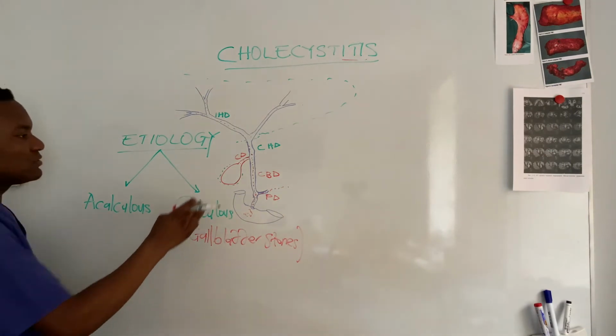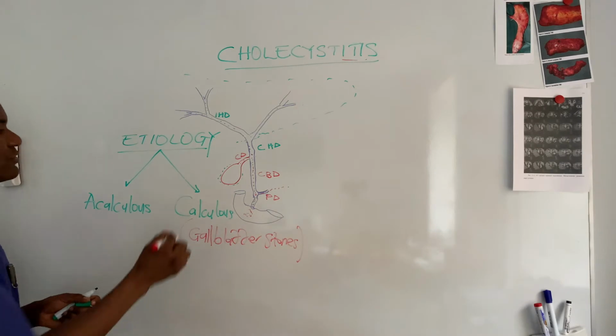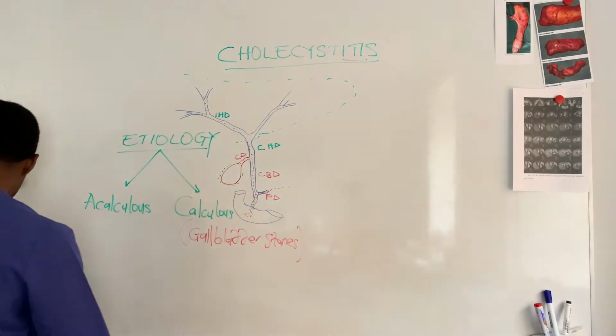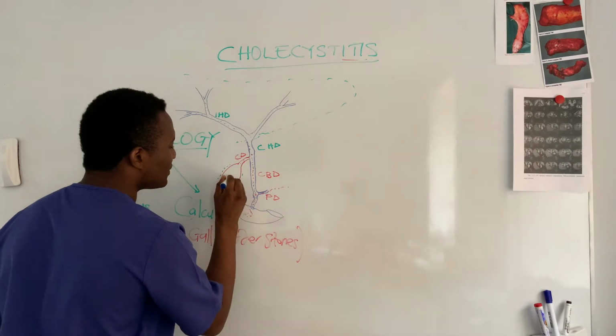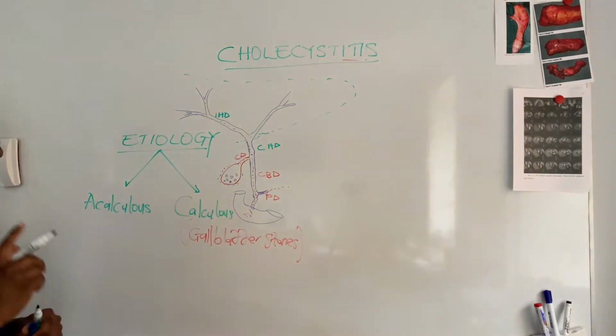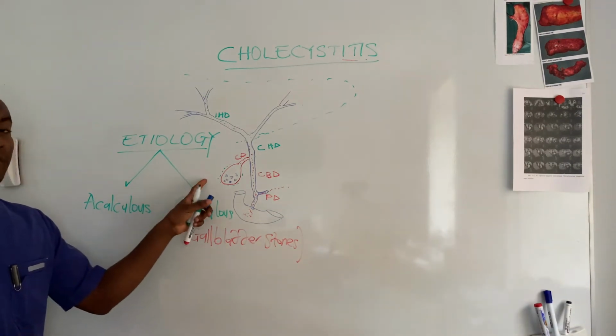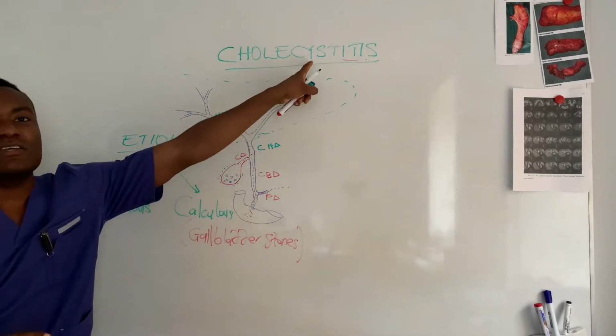Stones, which consist of pigments and cholesterol, sometimes form in the gallbladder. So you have the presence of stone in the gallbladder. Mind you that there can be presence of stones in the gallbladder but without cholecystitis.